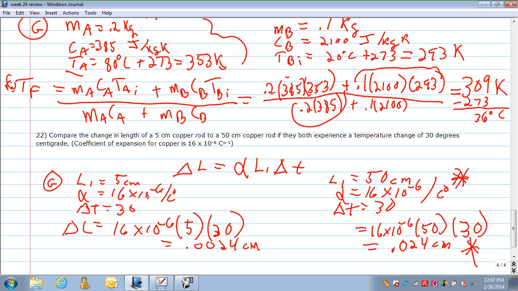But if you just know the fact that the longer a substance is in the first place, it's going to gain more length given the same change in temperature. I have a small rod, I have a large rod. The large rod gains more length in the same temperature change. Okay? Alrighty.